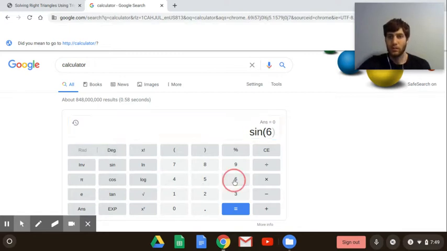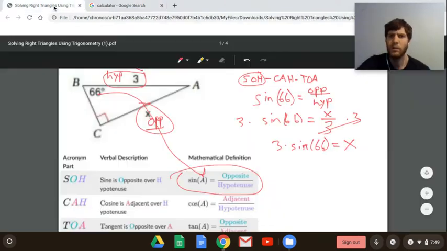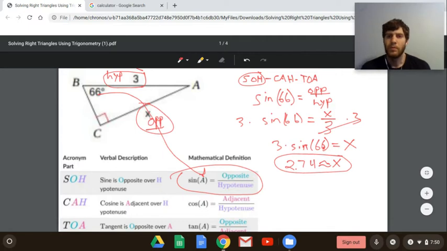We had 3 times sine of 66 degrees, so let's do it that way. 3 times the sine of 66 degrees, enter, tells us 2.74, so 2.74 approximately equals x. You can put the answer either way. I don't care which way you do it. Leave it as 3 times sine of 66, or put it as an estimated decimal. 2.74 is fine. Okay, so that's the first one.